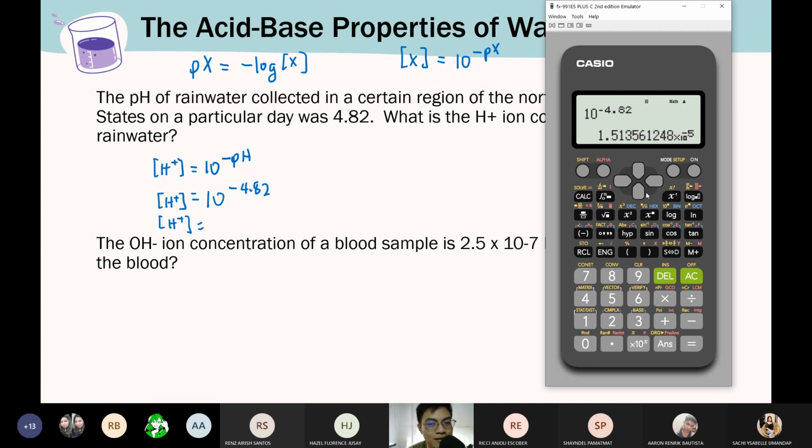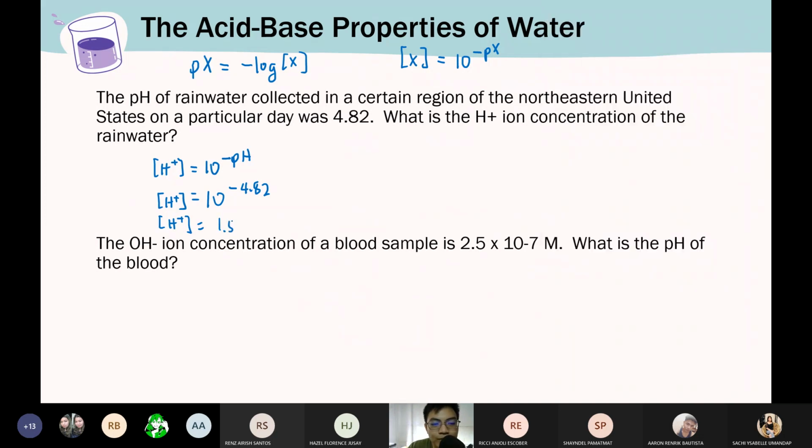So it is indeed acidic, and the pH is less than 7. So acidic nga talaga. So 1.51 times 10 raised to negative 5 molar. Do not forget the unit, ha? Baka makalimutan ang unit sa final answer.